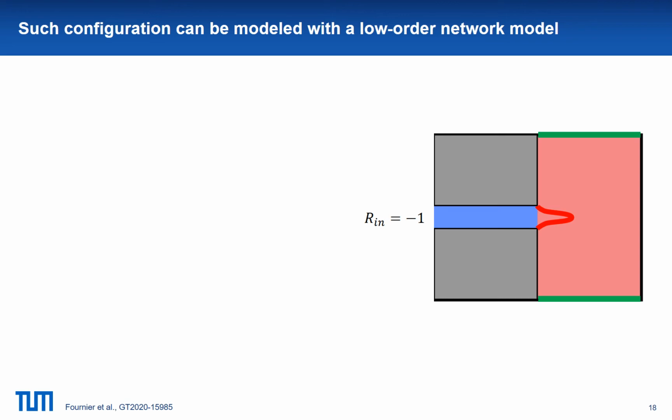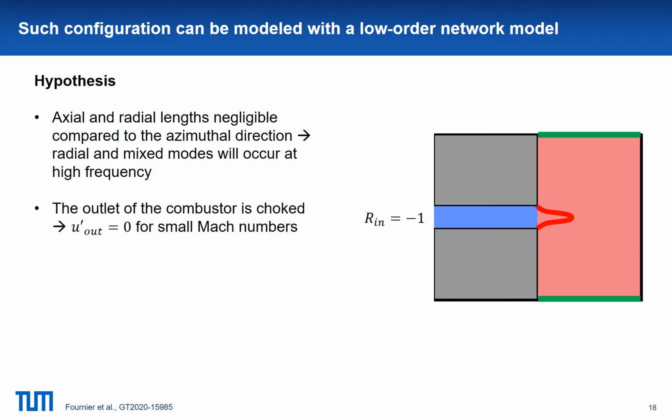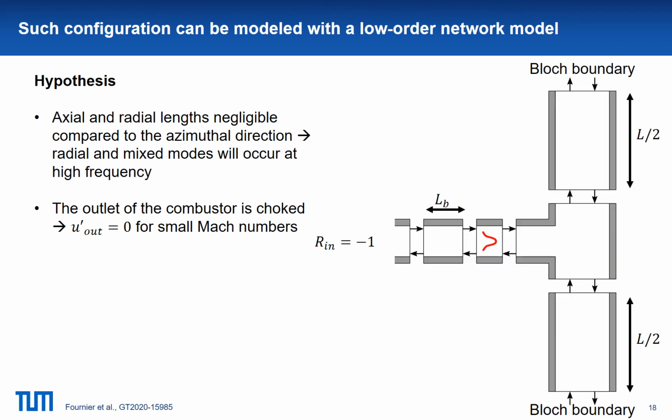For that, we need only two more hypotheses. The first one is that the axial and radial lengths are negligible compared to the azimuthal direction, which means that the radial and mixed modes will occur at higher frequencies and therefore are out of the scope of this study. We also consider the outlets to be choked, which corresponds to u prime equals 0 for small Mach numbers. And therefore, such a system can be modeled with the following network model.